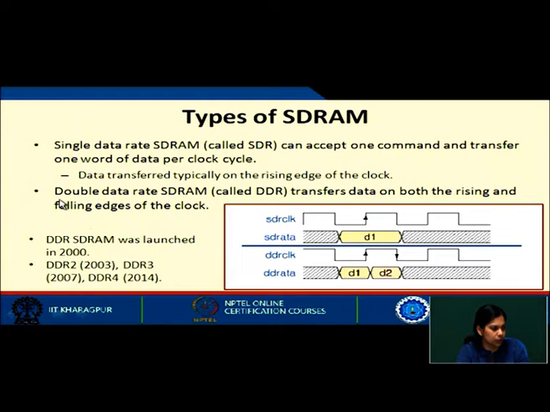Let us move on with double data rate SDRAM, which is called DDR, and it transfers data on both the rising edge and the falling edge of the clock. So, we see that within a clock, two data are transferred, one on the rising edge, another on the falling edge. These types of SDRAM are called double data rate RAM.